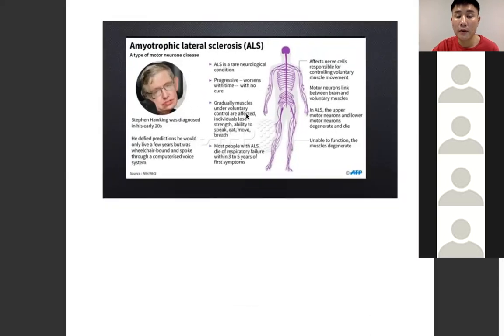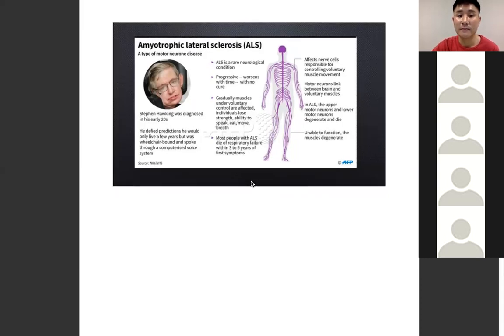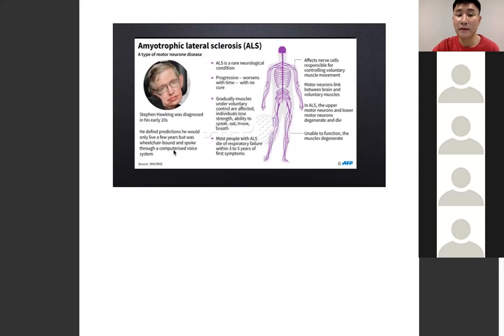So this is someone who was diagnosed with ALS. His name is Stephen Hawking. He's really popular, I think, here in America. He basically lived in a wheelchair and spoke through a computerized voice system because he could not speak, because of the degeneration in the motor neurons.